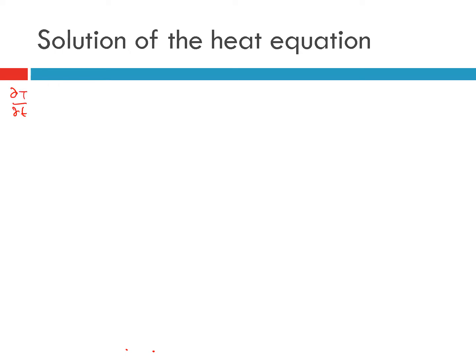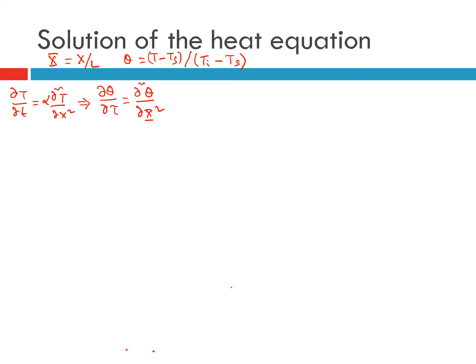In the dimensional form, this was my equation, and this was changed to the non-dimensional form where del theta del tau is equal to del squared theta del X squared, where this capital X is small x over L, and theta is equal to T minus Ts over Ti minus Ts, and tau is equal to alpha t over L square.